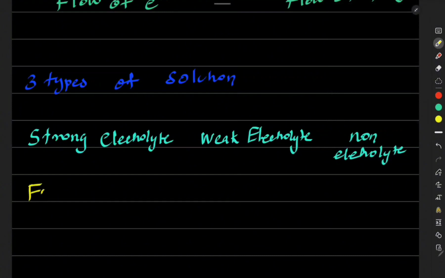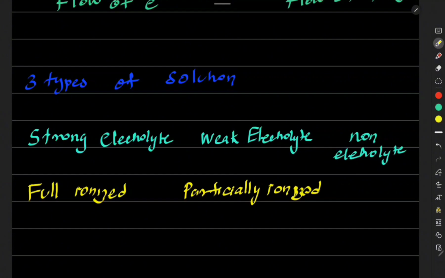Strong electrolytes are fully ionized, and weak electrolytes are partially ionized. Non-electrolytes are insulators. They don't undergo ionization.